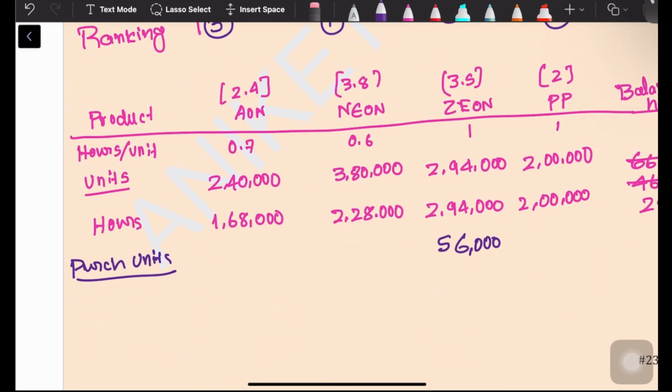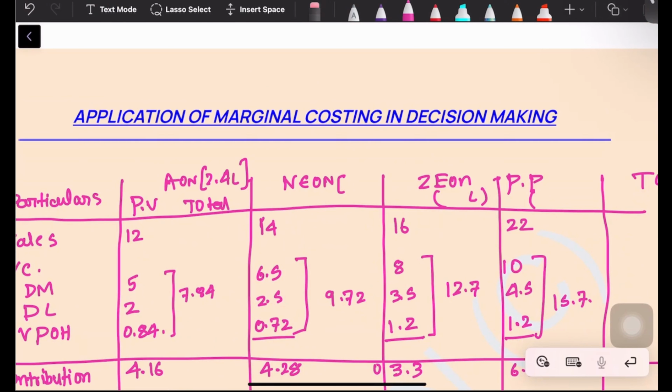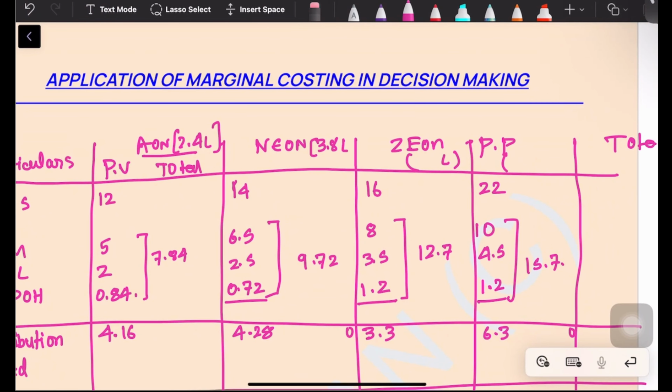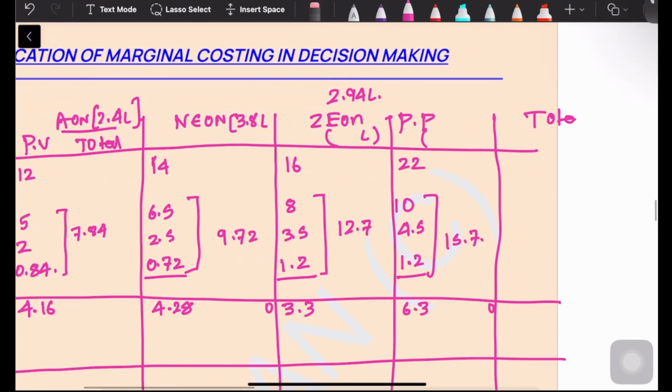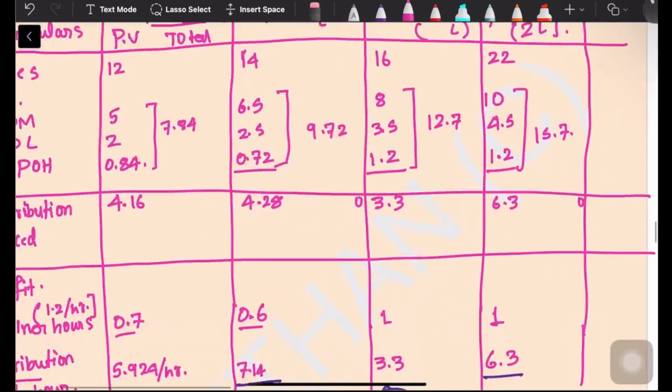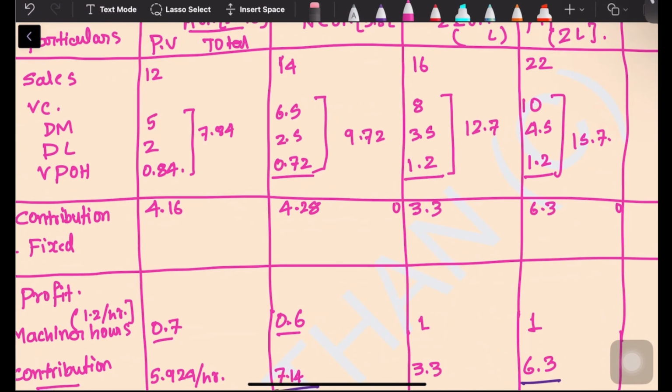Now I will prepare the statement with these numbers. So in this table 2.4 lakh is AON, 3.8 lakh is neon, and Xeon we calculate 2.94 lakh is manufactured. Then PP is 2 lakh. So all other things are same only.